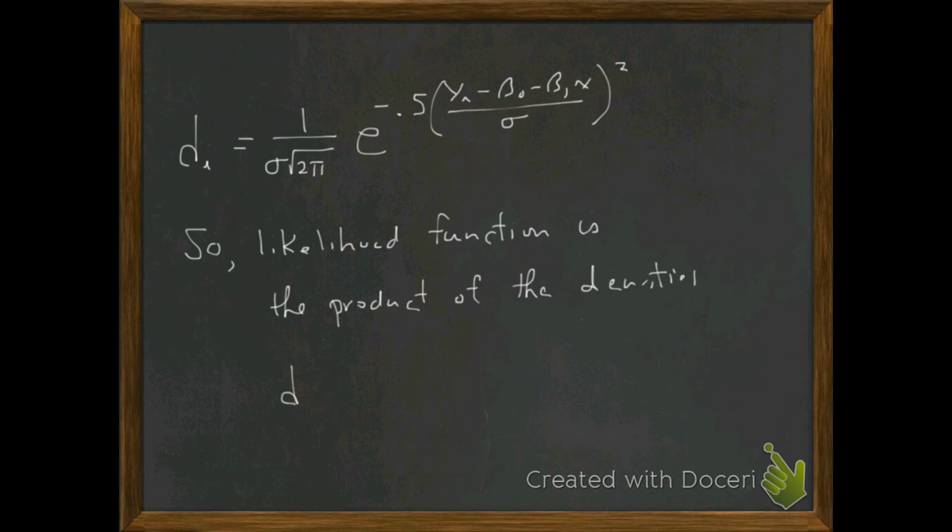So in other words, d1 times d2 times dn given x1, y1, x2, y2, xn, yn.